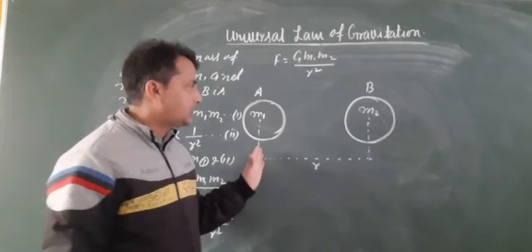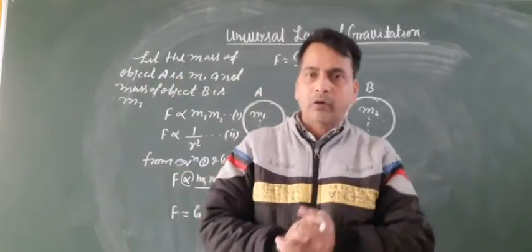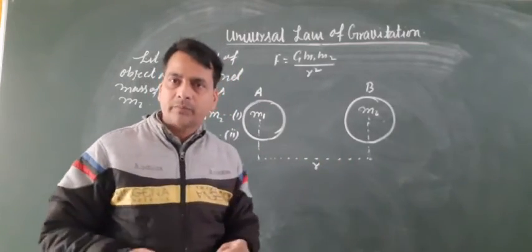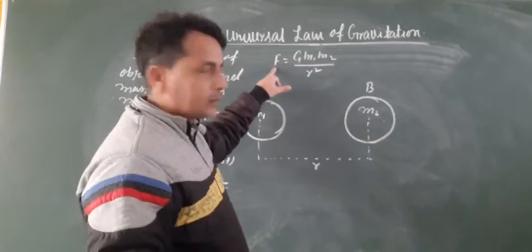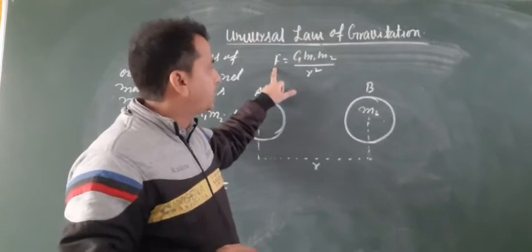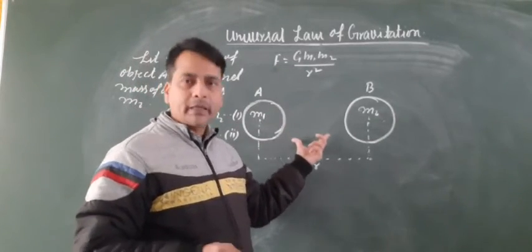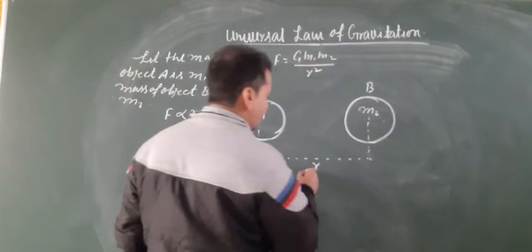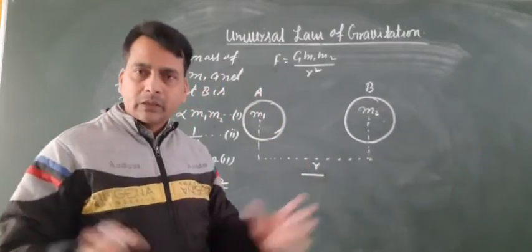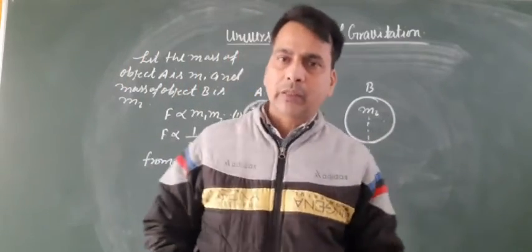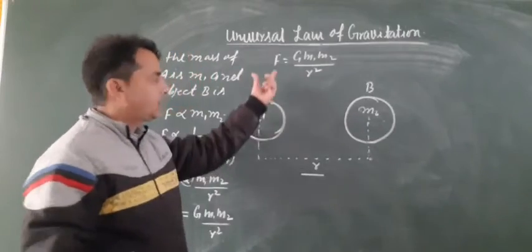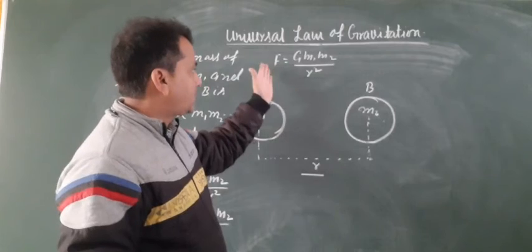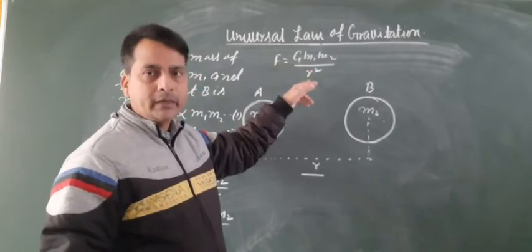If the distance between two bodies is reduced, the gravitational force becomes greater. If the distance between the two bodies is large, the gravitational force becomes less.